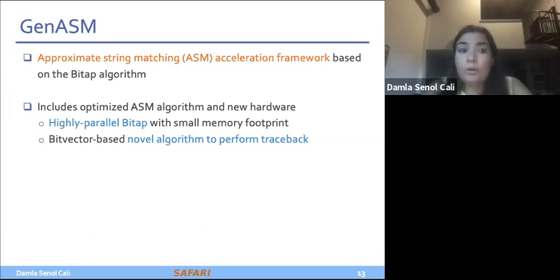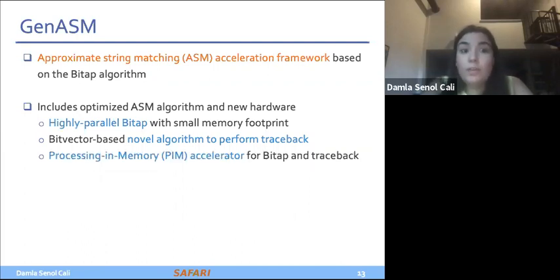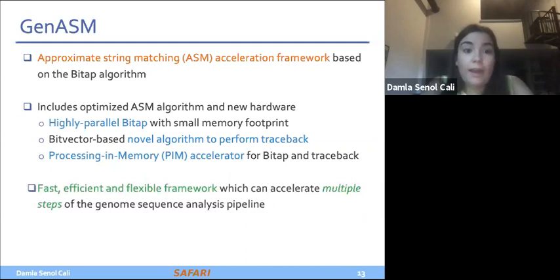And we also develop a novel bit vector based algorithm in order to perform traceback on top of the Bitap algorithm. And we design a processing-in-memory accelerator for both components, Bitap and traceback. And we propose a fast, efficient, and flexible framework which can accelerate multiple steps of the genome sequence analysis pipeline.